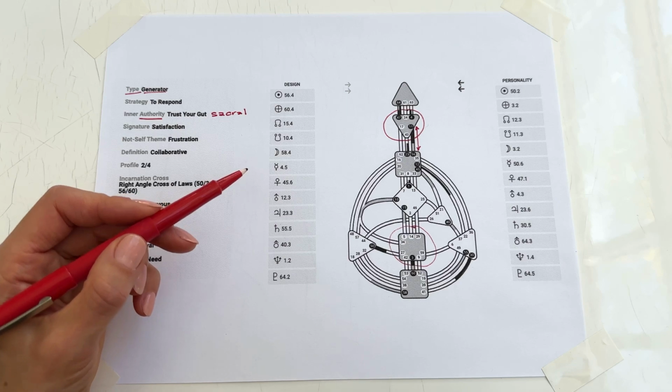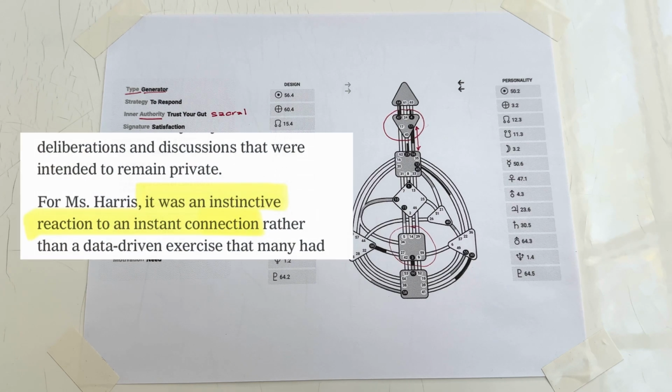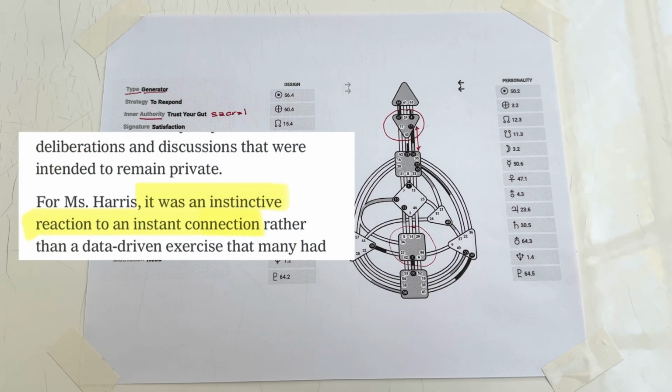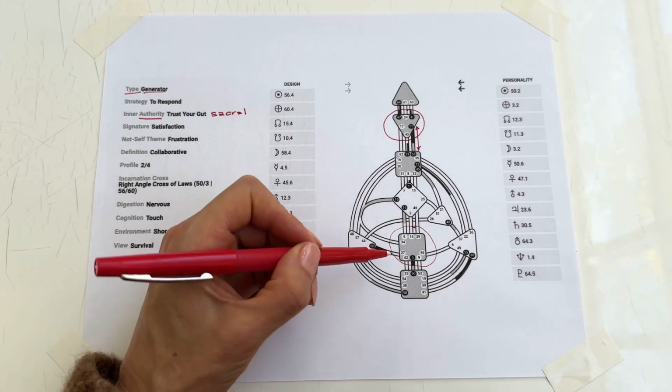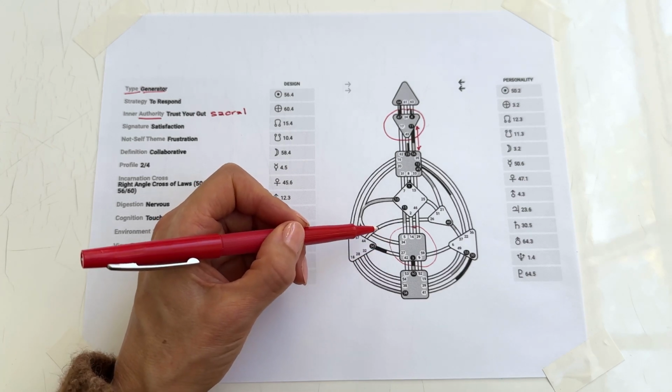Her advisors apparently ran through the pros and cons of all her choices, but that's not the best way for generators with the sacral authority to make decisions. And a quote from the article about her final choice: "For Ms. Harris, it was an instinctive reaction to an instant connection." Again, the gut instinct is instant and it's in the moment.